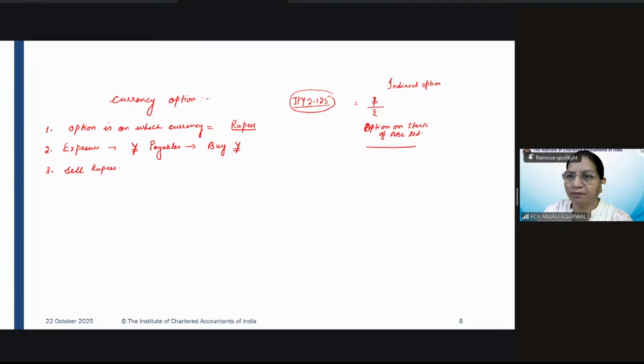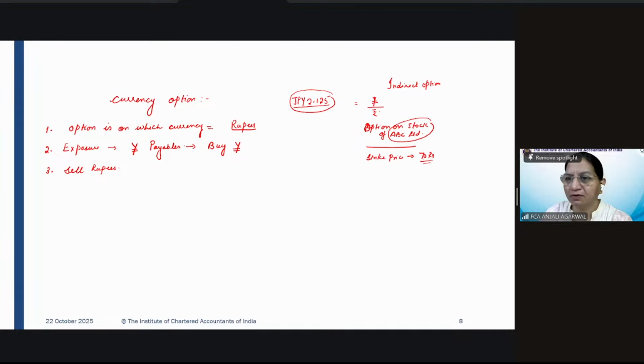What will be the strike price like? The stock of ABC Limited is available, let's say, at 70 rupees. Strike price 70 rupees. Does it mean that the option is on rupee? No, the option is on this stock.